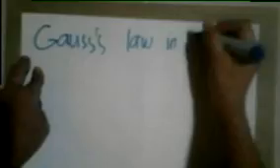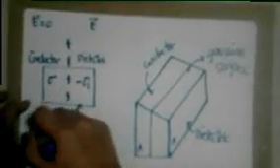Now let's go to Gauss' law in dielectrics. We have here an illustration. This is the side view. We have a conductor on the right side and a dielectric on the left side.